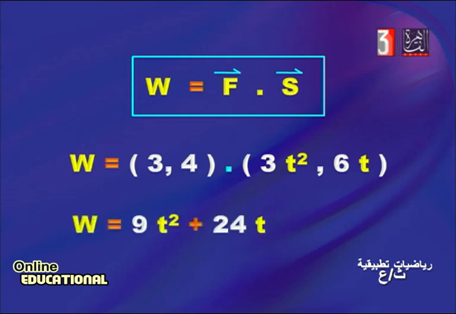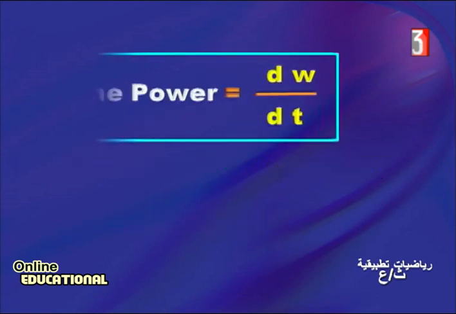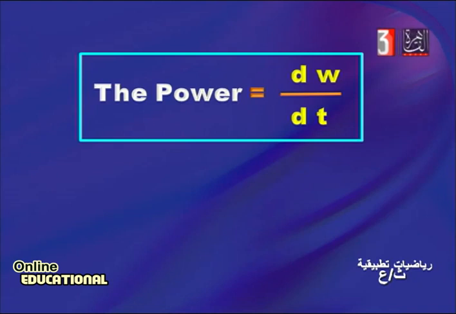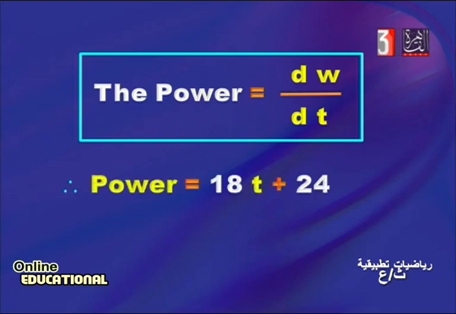We know that the power equals the rate of change of work with respect to time, or the derivative of the work with respect to time. Now, what is the derivative of the work? 18t plus 24. 18t is the derivative of 9t², and 24 is the derivative of 24t.